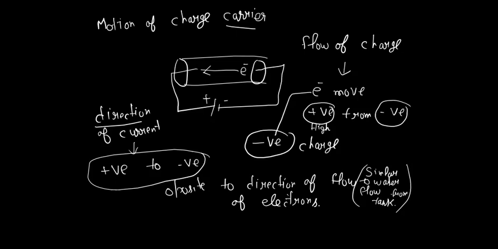As we have already discussed, the positive terminal is considered at high potential and the negative terminal at low potential. So electric current flows from high potential to low potential. So this is about the direction of flow of current. This direction is also called the conventional direction of current.